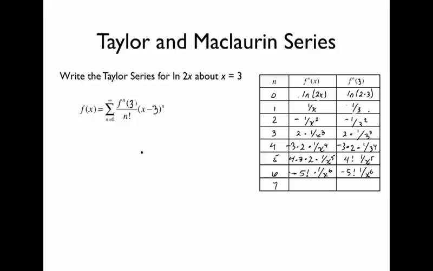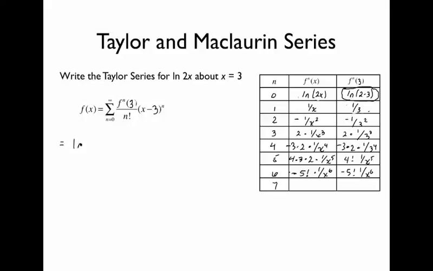Okay? So let's write out the terms. Notice that the first term, ln of 6, doesn't follow the pattern of the rest. Do you see that there's a pattern forming that this isn't part of? So we need to have this separately outside of the summation notation, because this isn't part of this pattern.